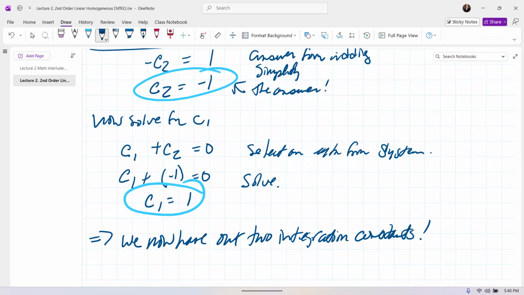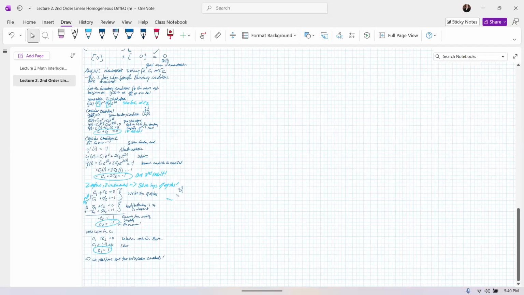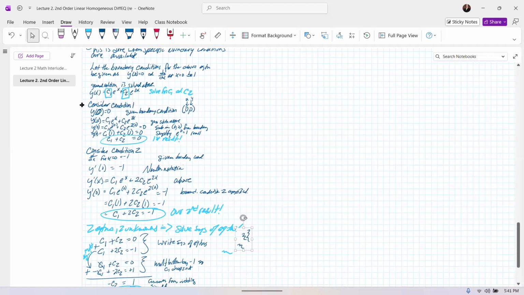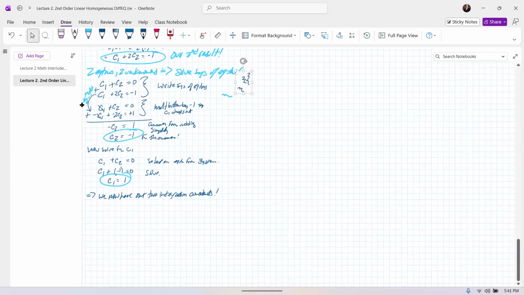So what we need to do is put them back into the general form. Remember that when we started this whole business, the point was to solve for C1 and C2. And right up here is our general one, where we had the C1 and C2 not filled in. So now we can go back and fill them in. All right, so let's do it.